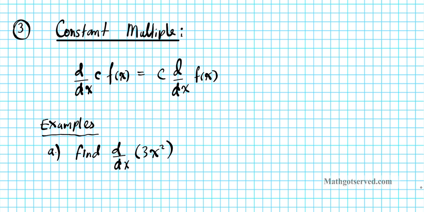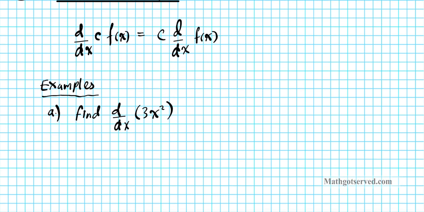So based on the constant multiple rule, what we have to do is focus our attention on differentiating this function right here. This 3 is a constant, so what do we do with it? We factor out the 3, put it in front of the derivative, and then you differentiate the function x squared. Okay, now we can apply the power rule to this piece right here.